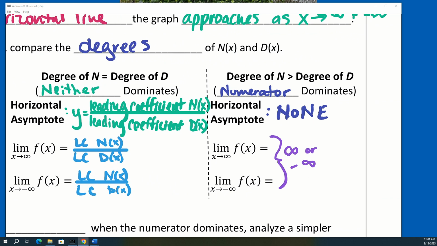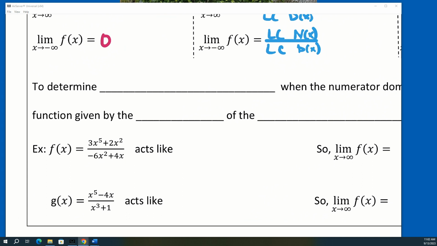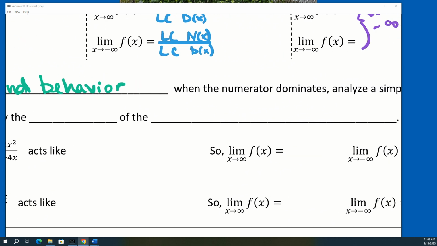Right, and to figure out which is which, we're going to have to further investigate. So we must further investigate. Right, so that further investigation: we're going to determine the end behavior when the numerator dominates.